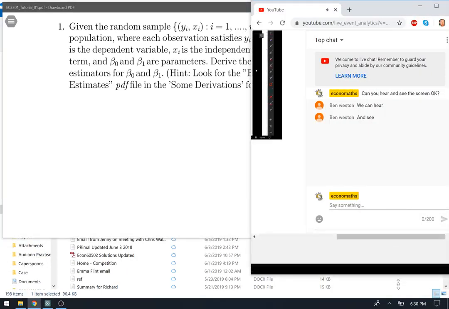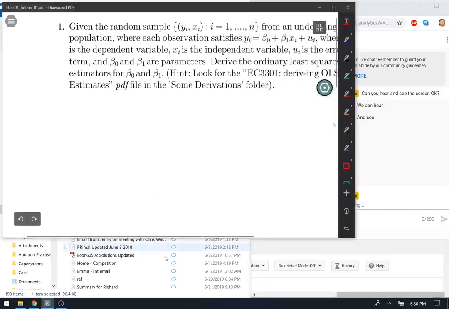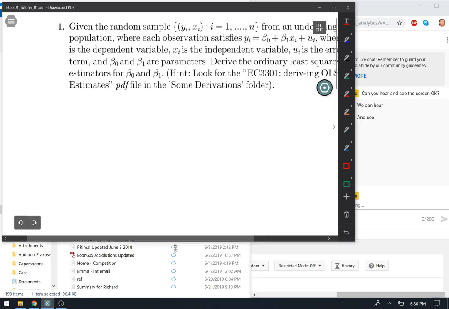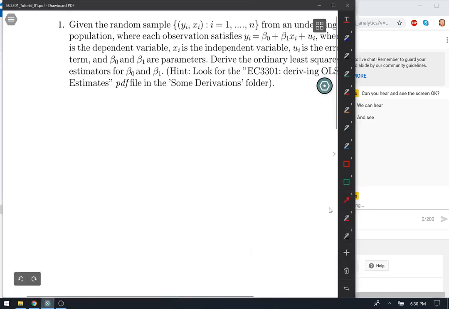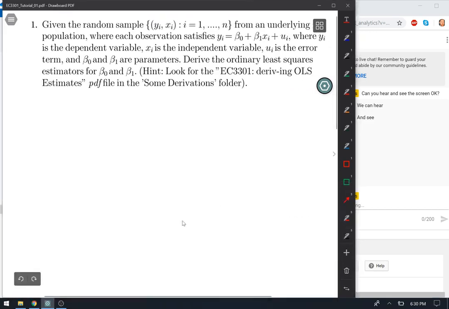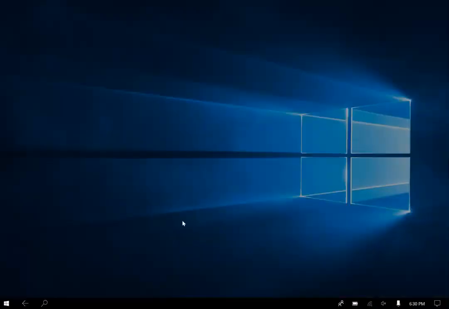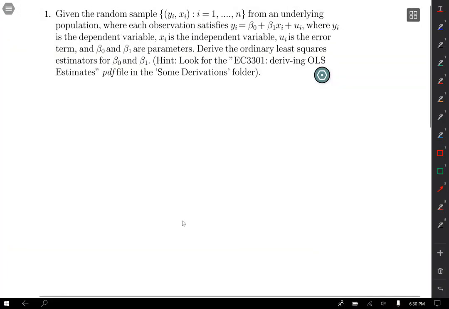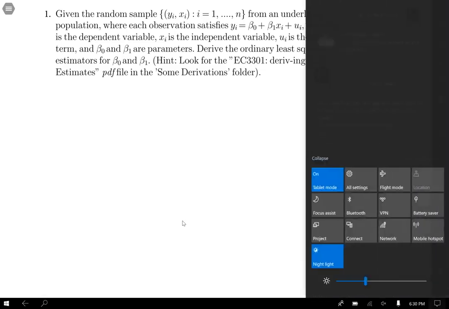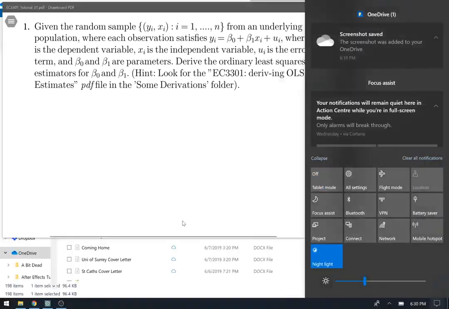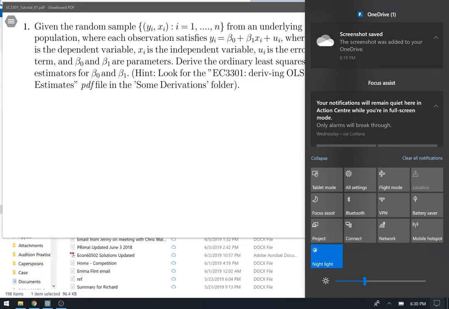God, it's fiddly doing this. Okay, so we can start. Oh, not this again. One sec.